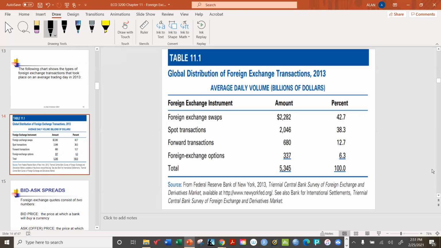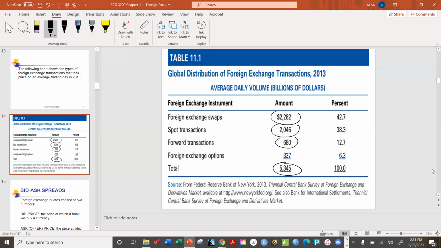So every day, the average transaction, $5.3 trillion, of which the majority were swaps. A slightly smaller percentage were spot transactions, meaning we were buying the currency immediately. A fairly small number were forward transactions, which means we're buying them for future delivery.